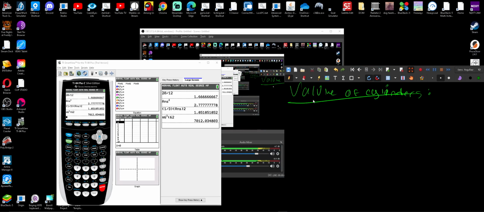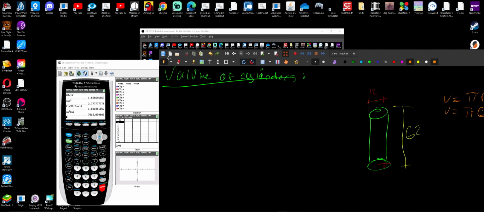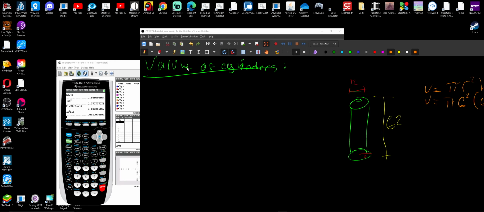Okay, so the volume, let's say this is in inches. That means the volume is equal to 7,012, and they're probably going to ask most likely for the nearest tenth, so it's just going to be 0.